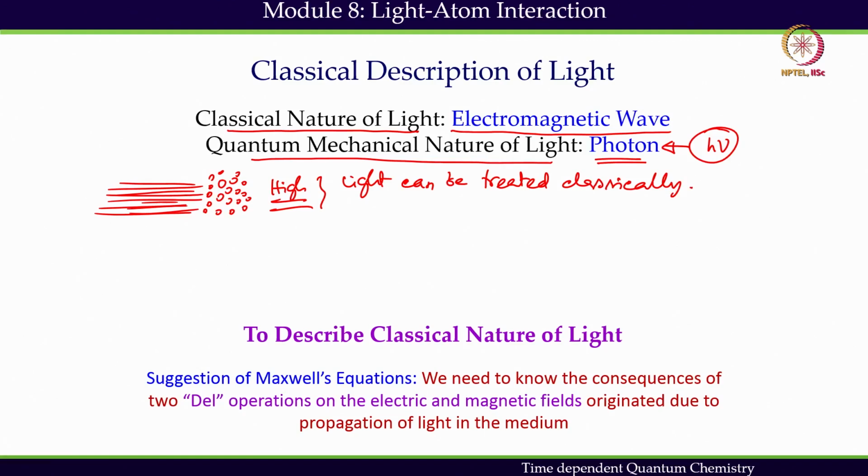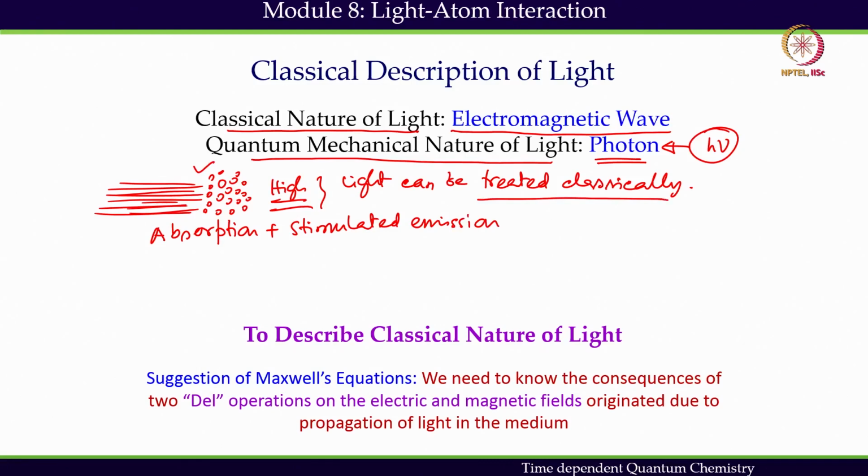In the absorption process and stimulated emission process, the photon density is so high that one can treat both processes classically.